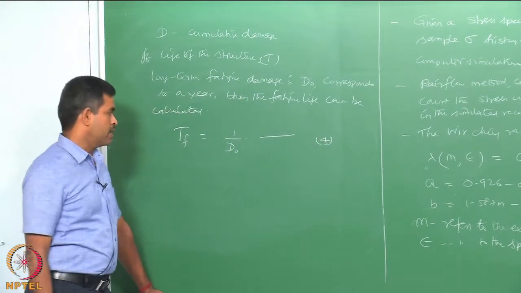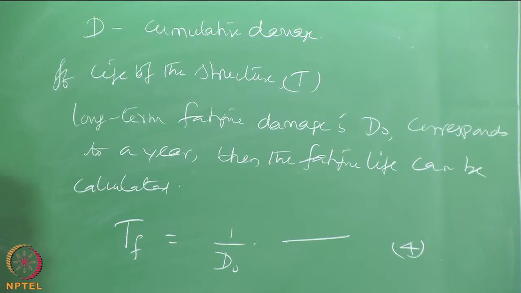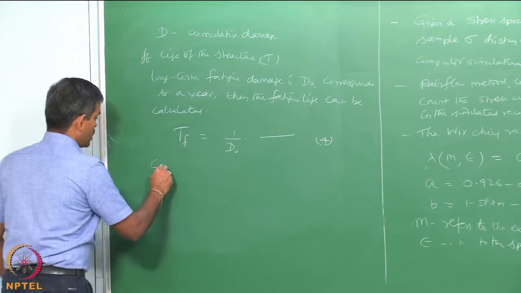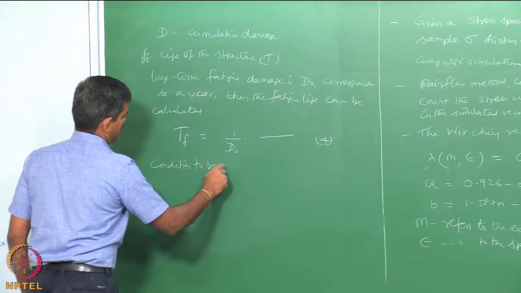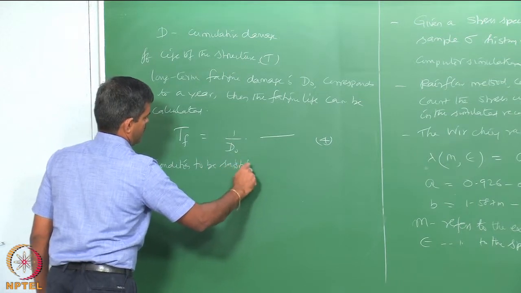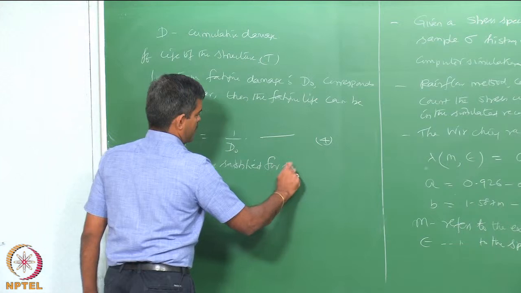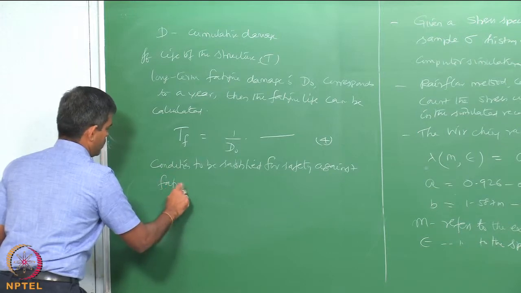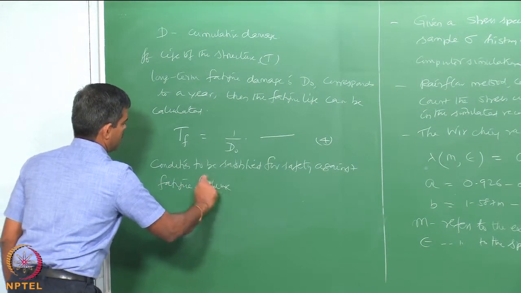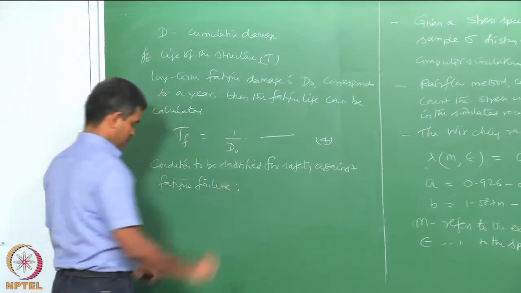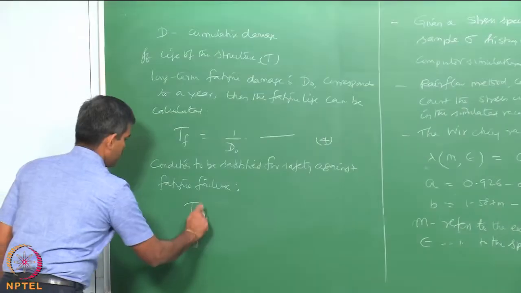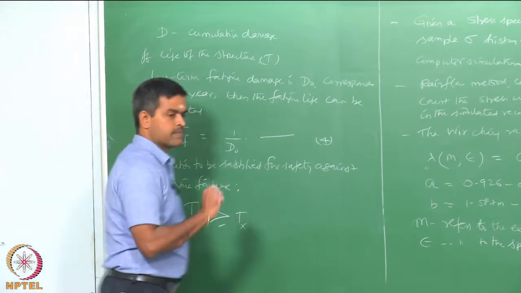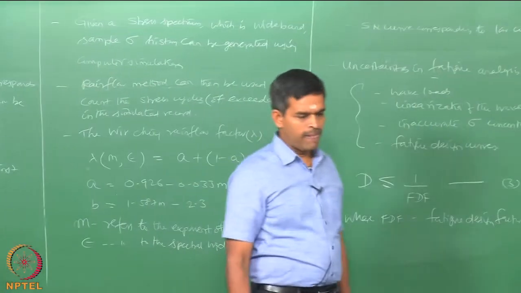Once we know this, either the member or the joint is considered safe against fatigue failure if the following condition is satisfied. So, the condition to be satisfied for safety against fatigue damage or fatigue failure, because that is what we are interested in, reliability or application of reliability, is that Tf should exceed or equal T into FDF.